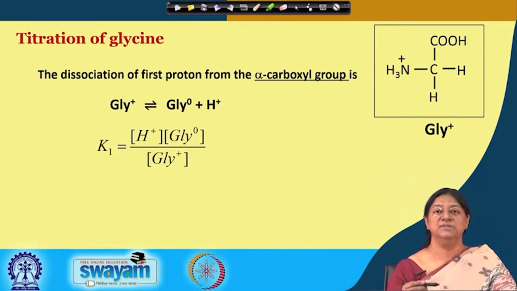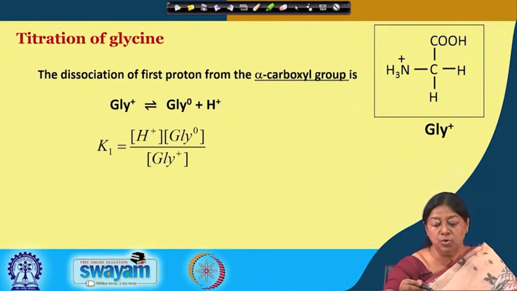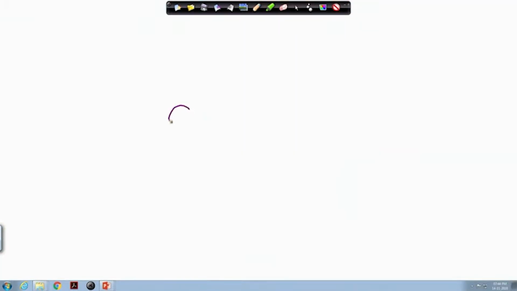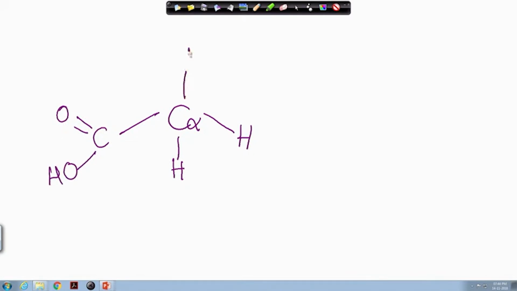If we were to consider an acid-base titration, we could think of the amino acid as the alpha carbon, the hydrogen forming the side chain, or we could consider the C double bond O and the OH and the NH3 plus.